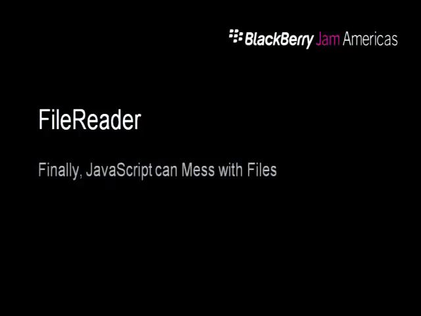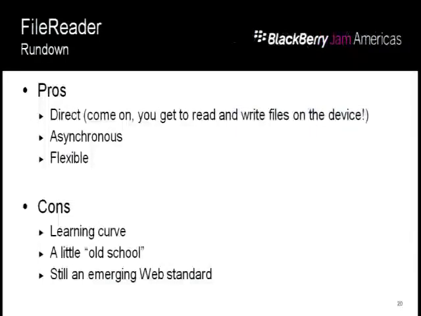So JavaScript can read and write files. With the File API, we support the FileReader class to read files into a file object in JavaScript. The pros are that you get to touch files, which is normally a no-no with the browser. It is asynchronous, but it has a bit of a learning curve, and it's still an emerging standard that's being worked through.